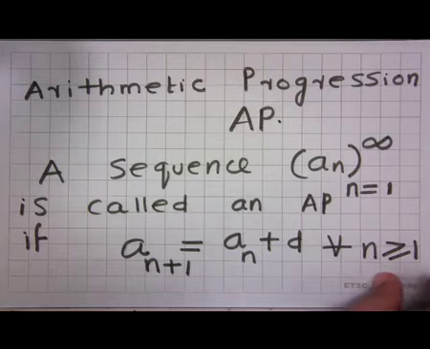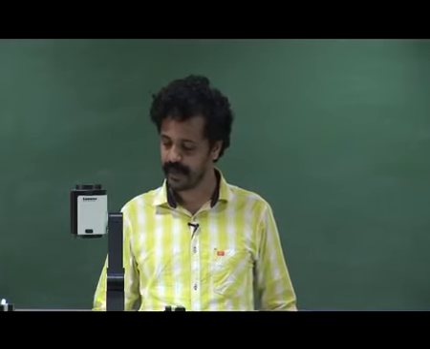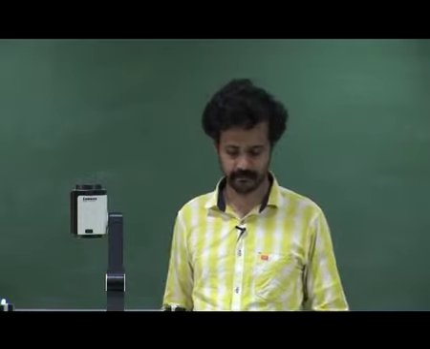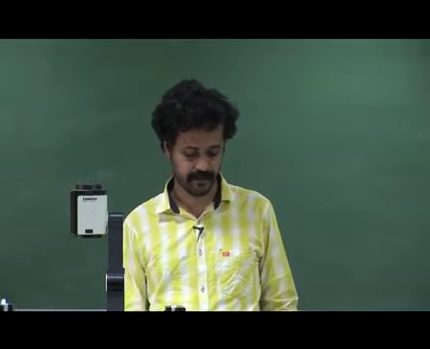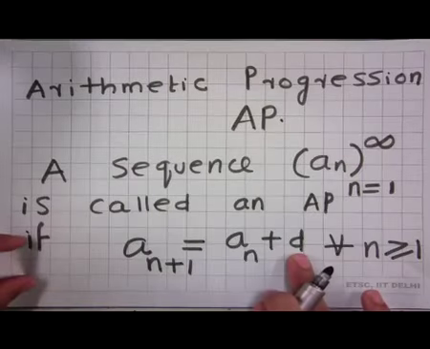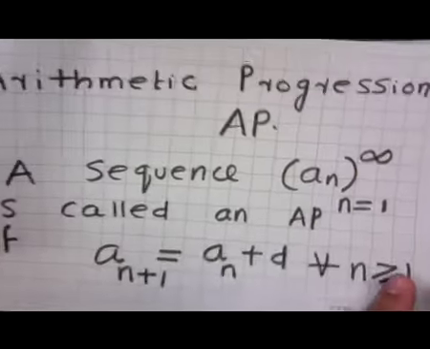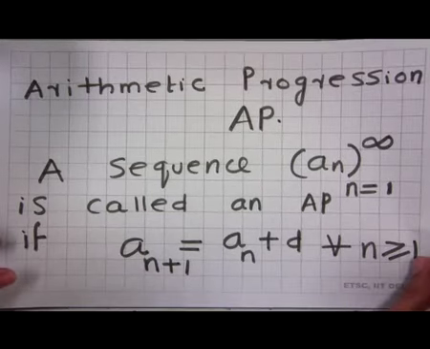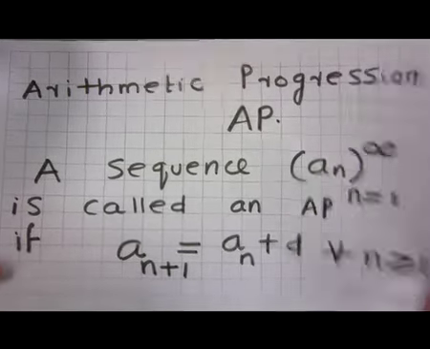The first term a_1 and the common difference d determine the arithmetic progression completely.